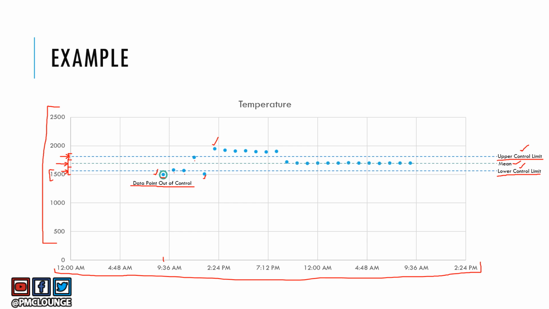Now you might be wondering, it's pretty normal to have your data fluctuate from sample to sample. But when 7 data points in a row fall on one side of the mean, I'll repeat that. When 7 data points in a row consecutively fall on one side of the mean, that's an uncommon enough occurrence that it means your process might have a problem.